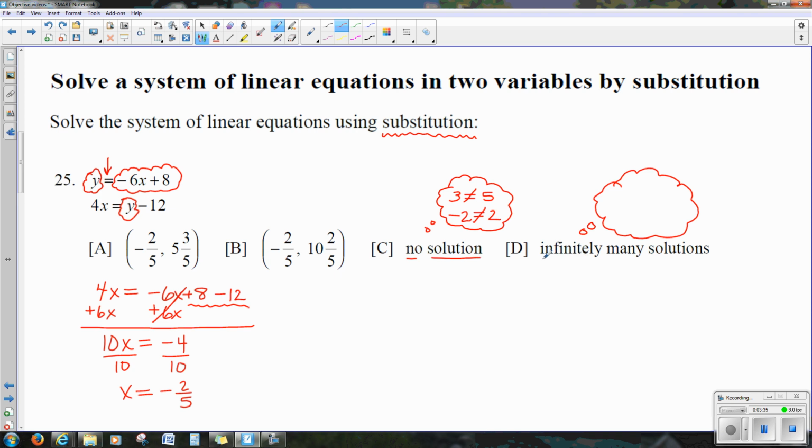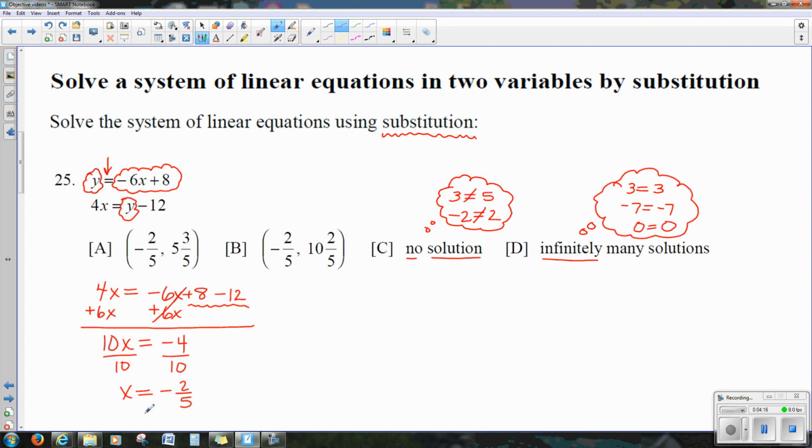With algebra, we would have infinitely many solutions if, when we get to the end of our algebra, we realize that we have something like 3 equals 3, which is true, or negative 7 equals negative 7, or even 0 equals 0. Maybe all the variables cancel out, all the numbers cancel out, and you end up with absolutely nothing on each side. All of those are true statements. Therefore, we would choose infinitely many solutions. There's not one specific solution. There are tons of them.